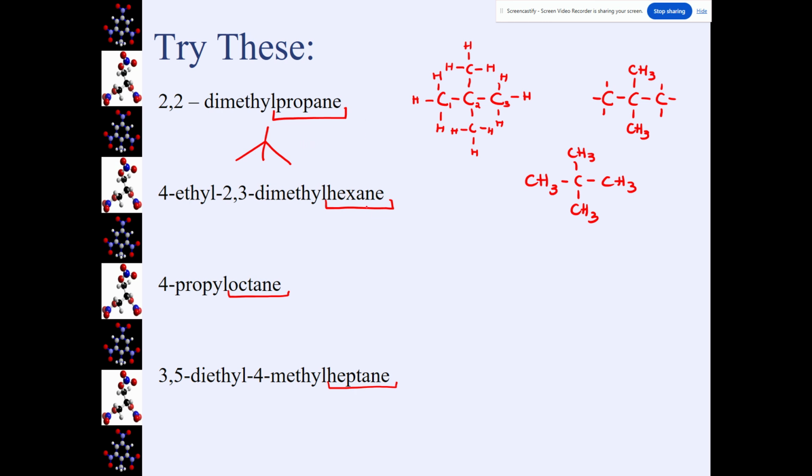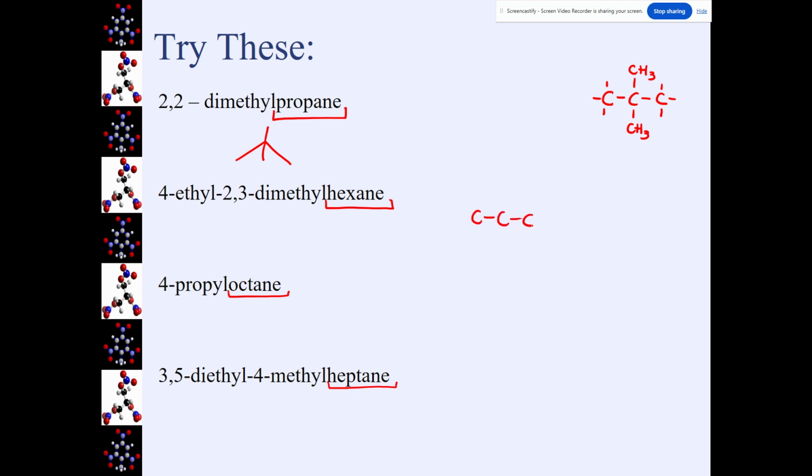Okay? Hexane. I'm going to just draw what you'll see in my answer key, which is the partially condensed, partially complete form, and then as well the line diagram just to show you how to do that. So hexane is the next parent.